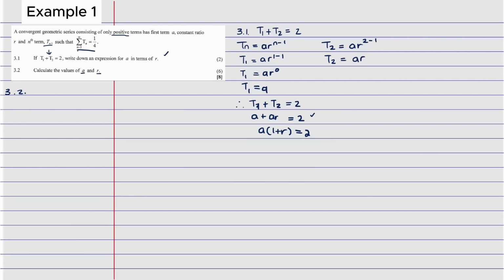You pass that into the calculator, and you're going to get that a equals 3/2. And that's how you would find your r and a. So this is r and this is your a. That's how you would solve this question.